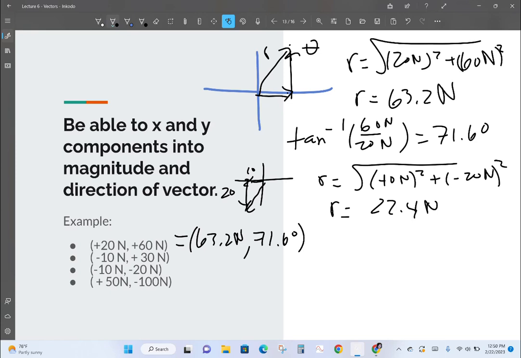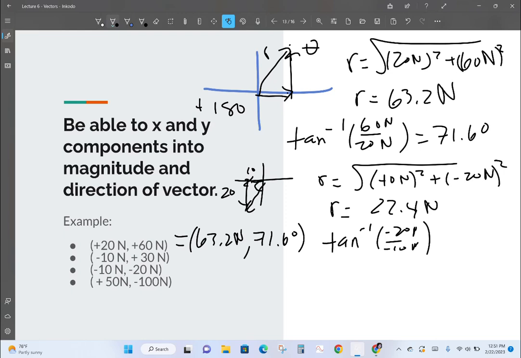And now I'm finding this little angle here. That's in the third quadrant, so I'm going to have to add it to 180 to find the polar direction. But first I've got to find that reference angle. It's going to be equal to the inverse tan of y over x, which is -20 newtons over -10 newtons.